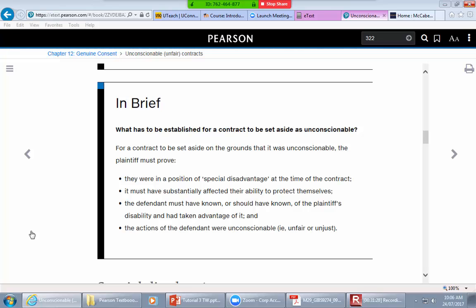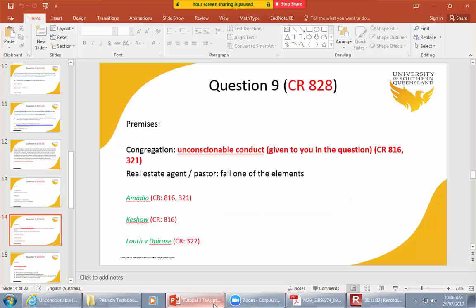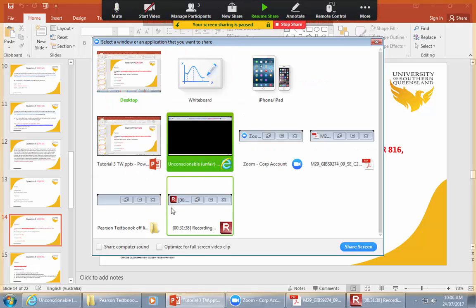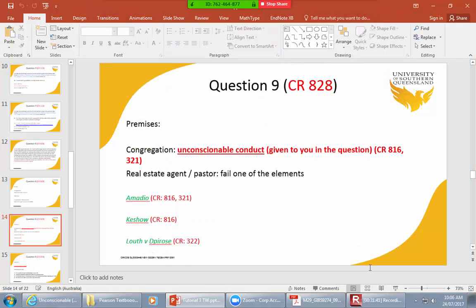So you can use this from equity to argue in any court of law, including common law courts. All right, let's look at how we can now use these elements to look at what the legal issues are.